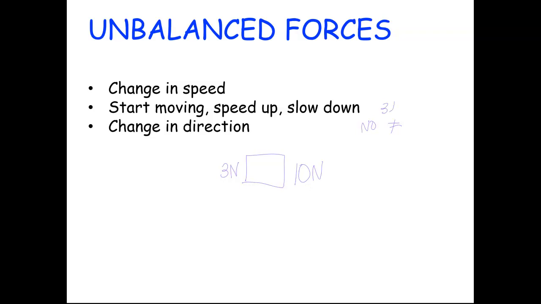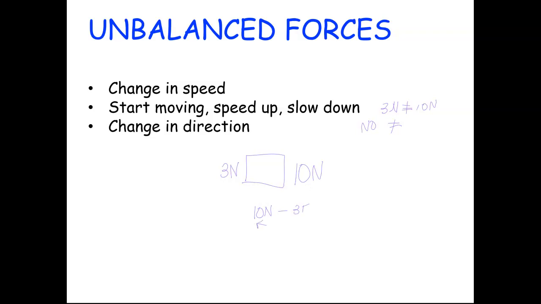3 newtons does not equal, I don't know why it's lagging, 10 newtons. And so what we're going to do is find the net force on the box. So we have 10 newtons to the left minus 3 newtons to the right.